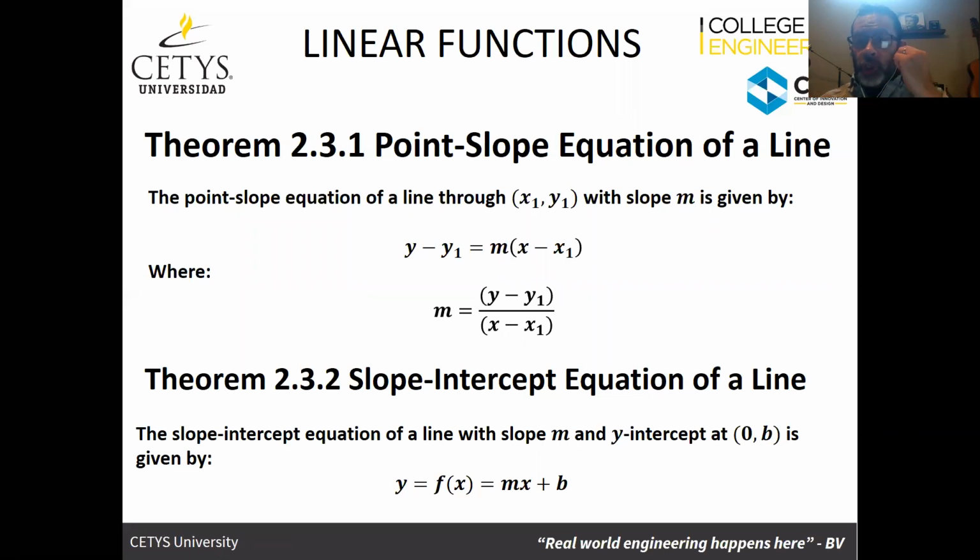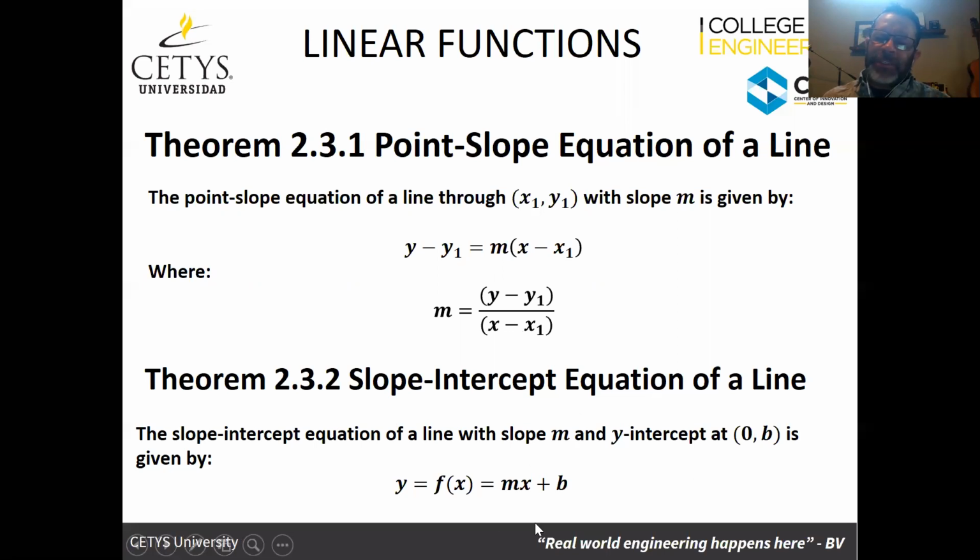If we have two coordinates, coordinate 1 and coordinate 2, we can define the function. But also if we have the slope and one point, we can define the equation for the line. So if we've got the slope and a coordinate (x1, y1), then the point slope equation is y minus y1 equals m times (x minus x1). In this case, the slope is the relationship between y and x.